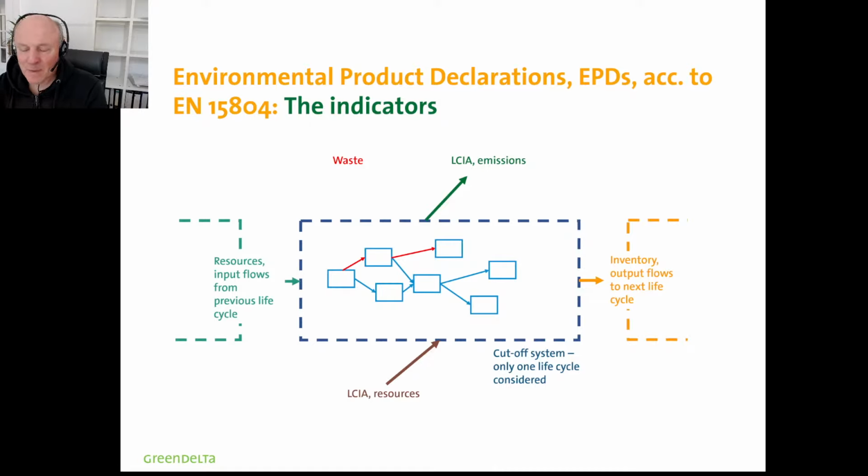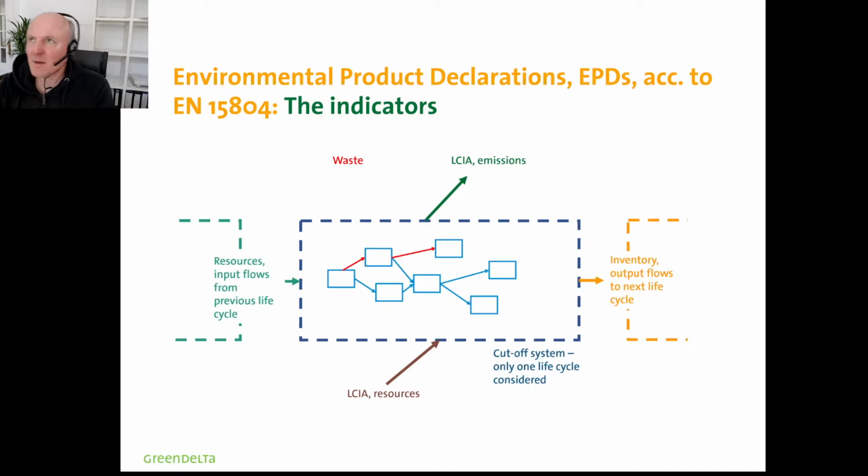But you need to inform about these facts in special indicators, and these are resources, input flows from a previous life cycle here on the left, these dark green, and on the other side these orange inventory output flows to a next life cycle. Yeah, we come to this a bit more in detail.